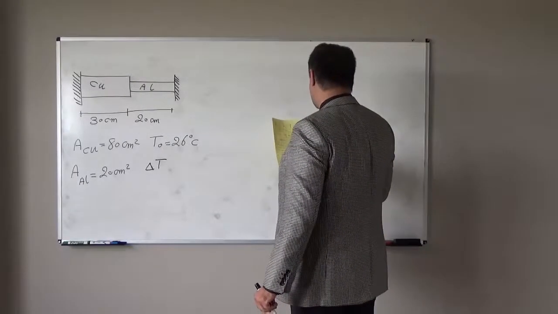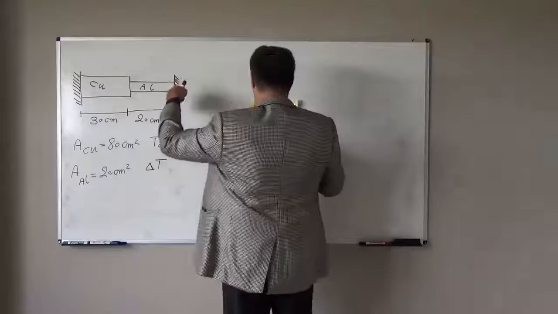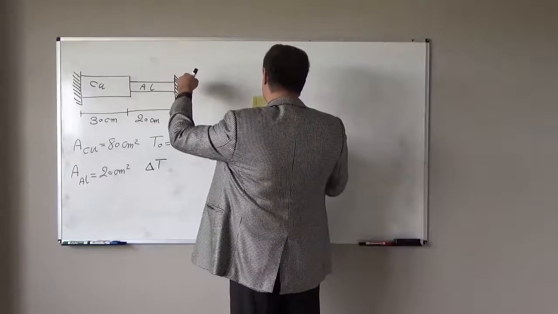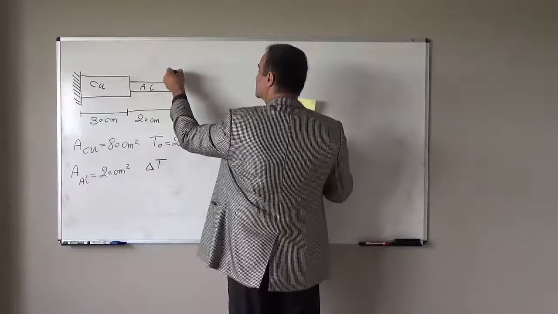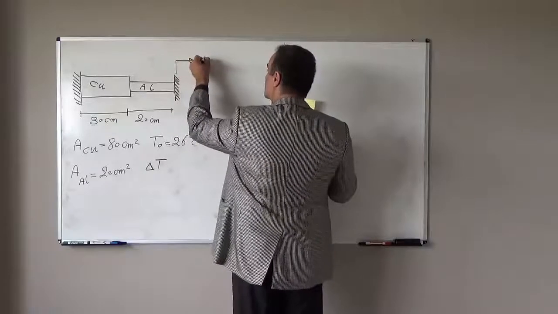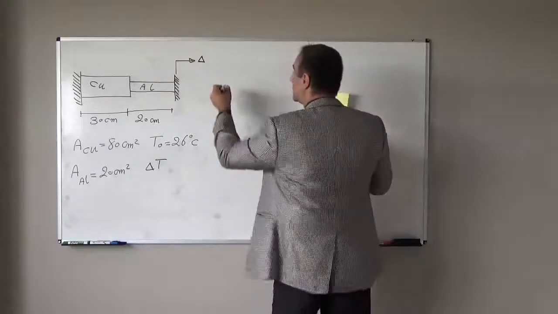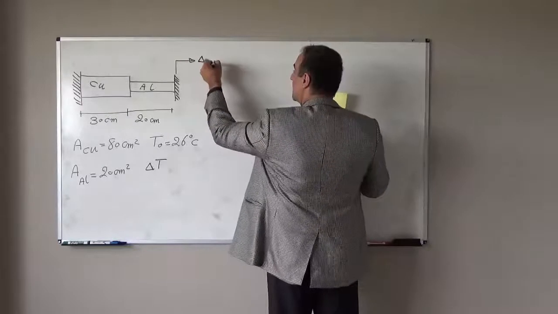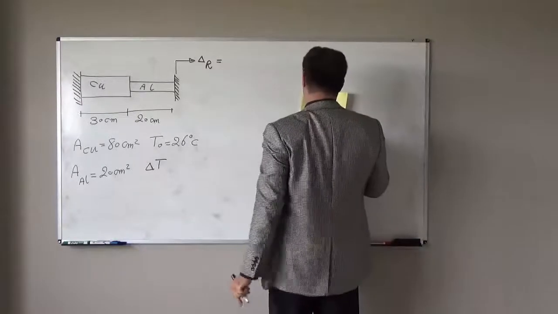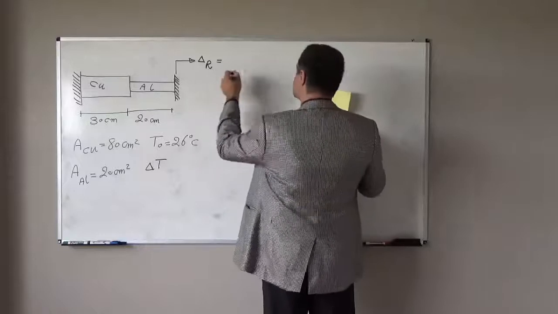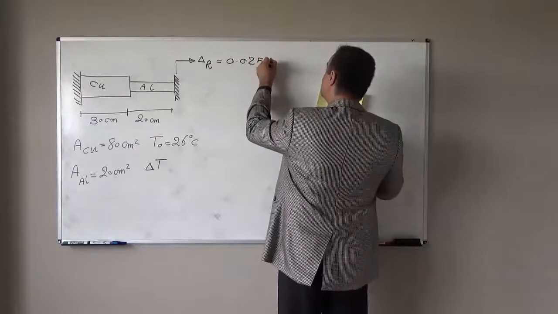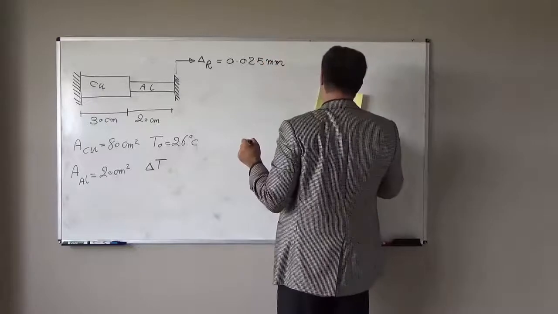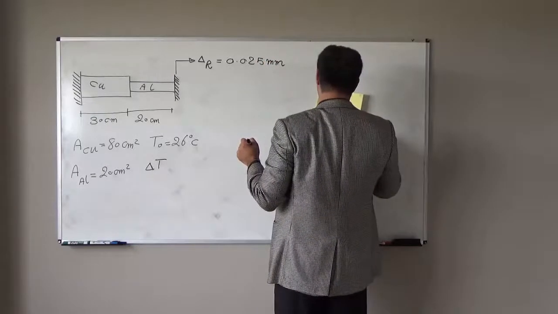Temperature drops, and the right support yields. This support I show with delta R. The right support yields 0.025 millimeter in the direction of the contracting.